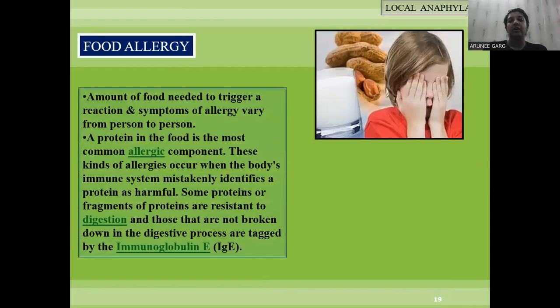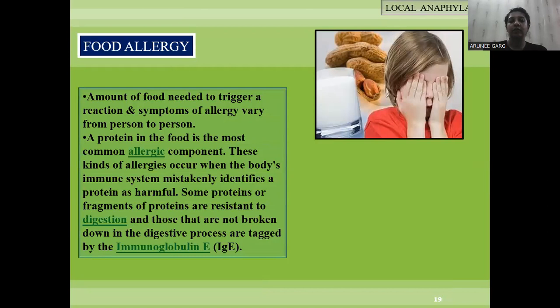Food allergies. Now, the amount of food needed to trigger a reaction and the symptoms of allergy may vary from person to person. A protein in the food is the most common allergic component. These kinds of allergies occur when the body's immune system mistakenly identifies a protein as harmful.